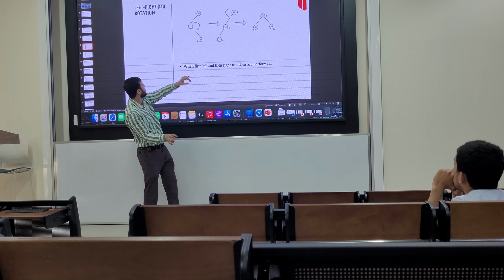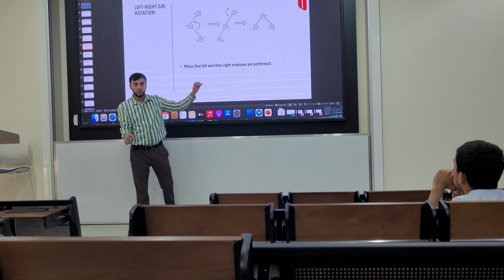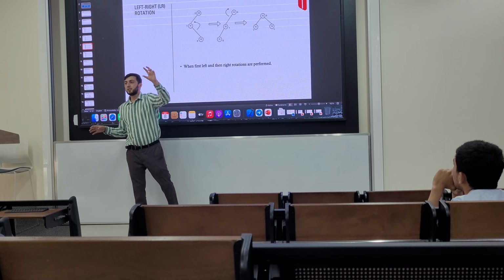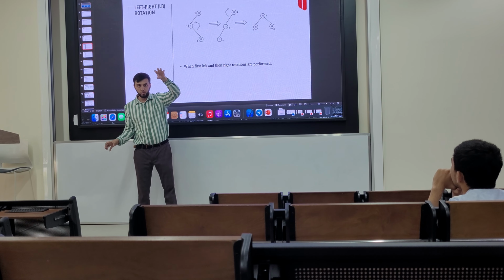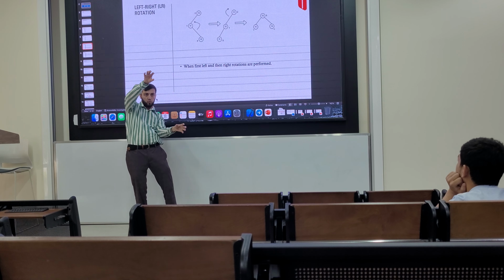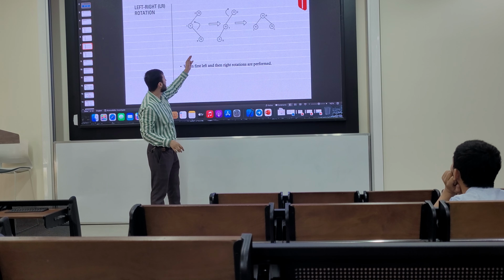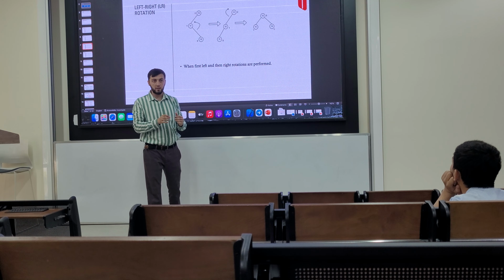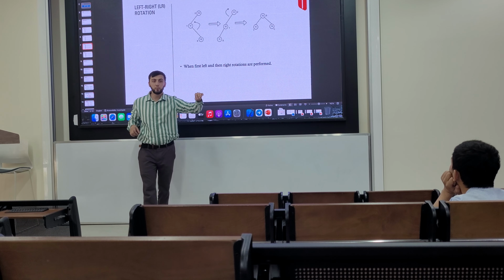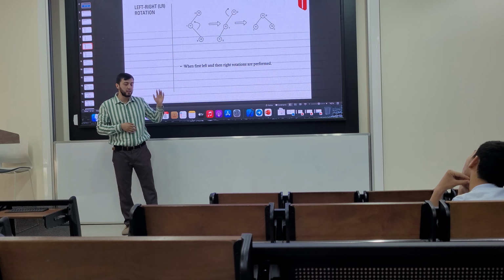But we both know that both of them are lying on the left-hand side. So both are exactly smaller than 13, the root. So what we can do whenever we do left rotation is the only option, this one. 12 and 11 will get swapped with each other, so 12 will be the left child of 11.